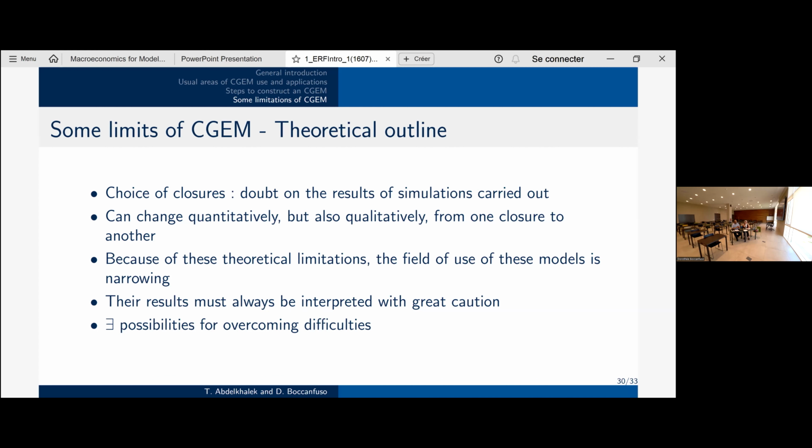Some of the variables are obviously exogenous, yes, international prices for a small economy, I don't know, the exchange rate for some economies, prices for some goods administratively fixed by the government, etc. Some variables are exogenous and it's clear.